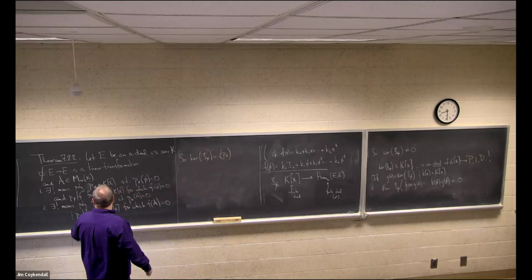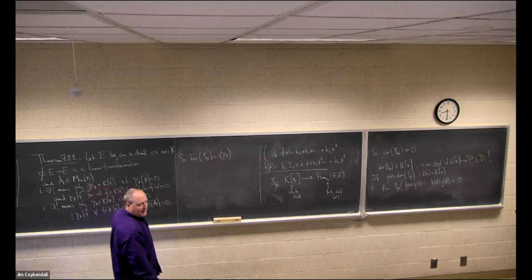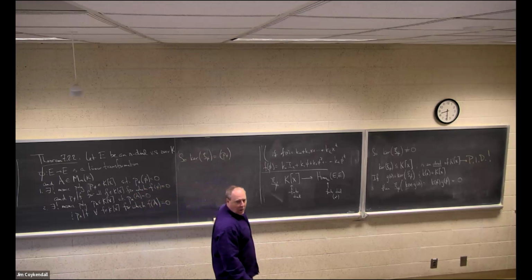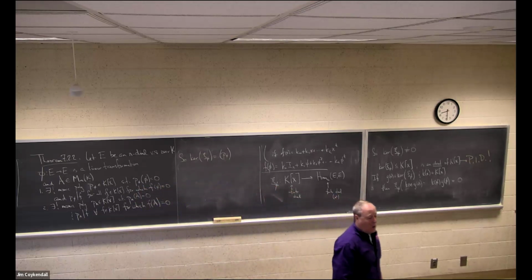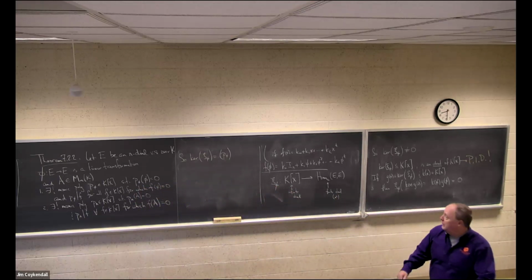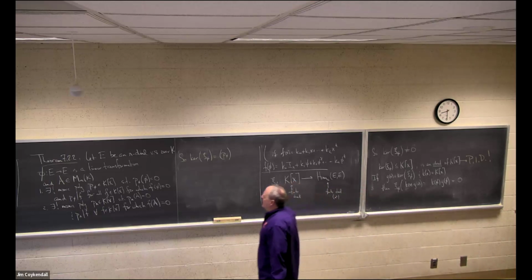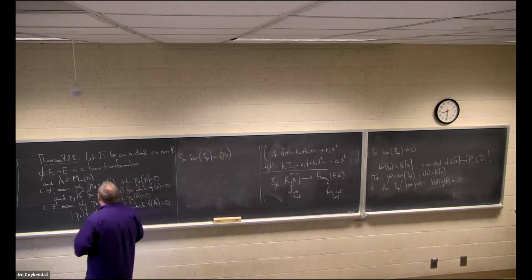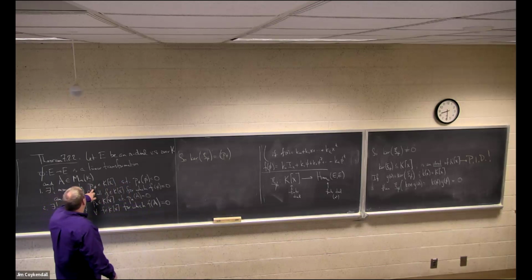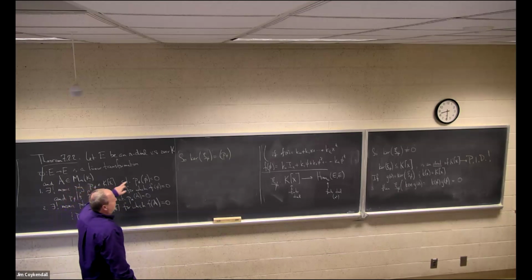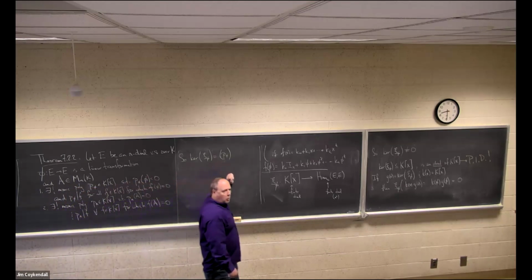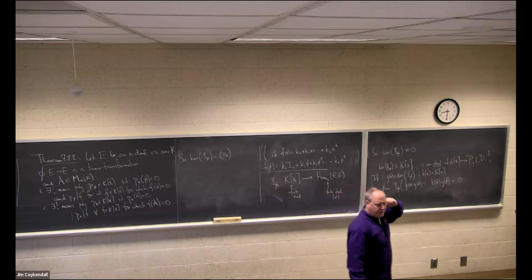The kernel is generated by some polynomial, which I will suggestively call p of B, because you probably realize what's going to happen here. Let me look carefully at the statement. Let's take p of phi to be this. Why do we get uniqueness in this p of phi?